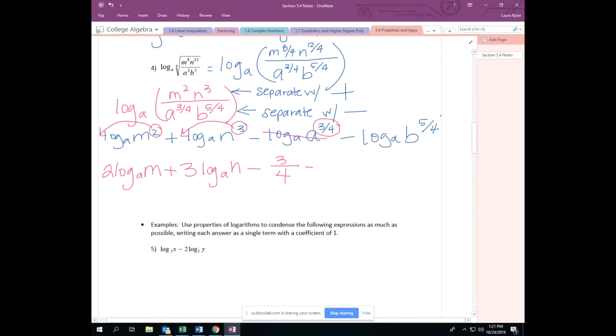And then minus power drops down to the front, 5/4 log base A of B. Nothing else follows any of those special rules or cancels out, so we are as simplified as possible.